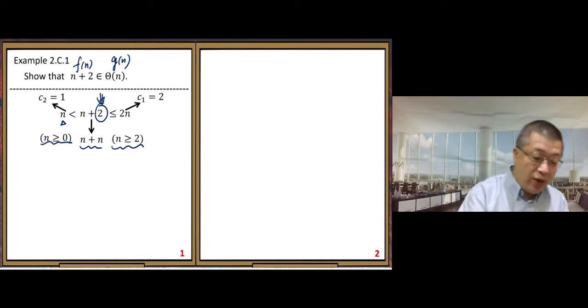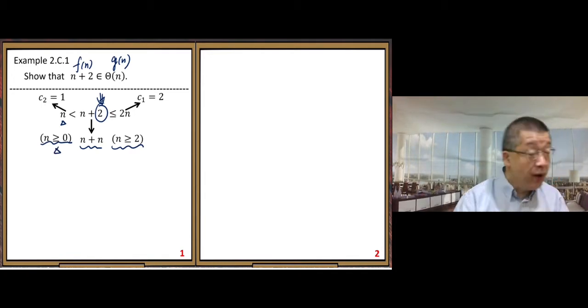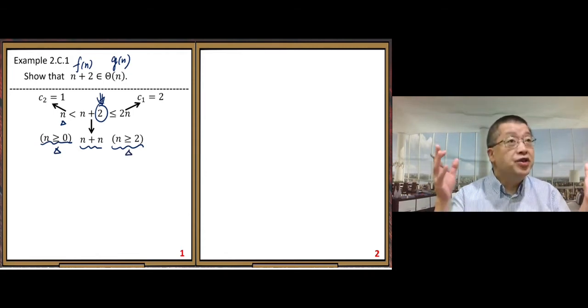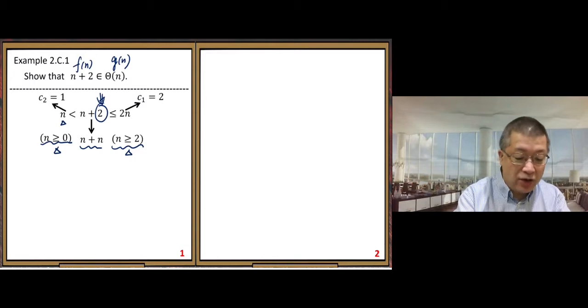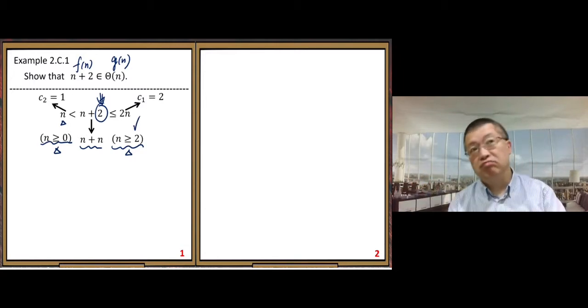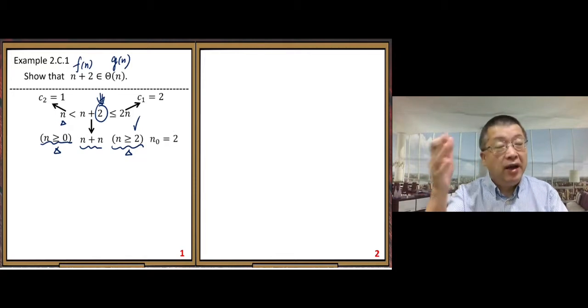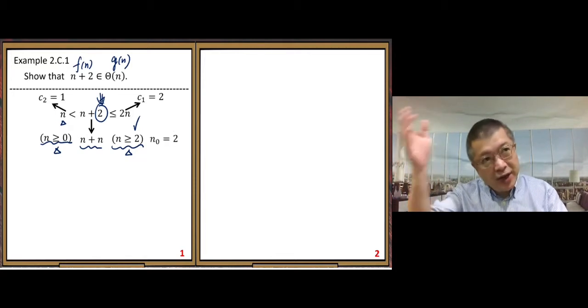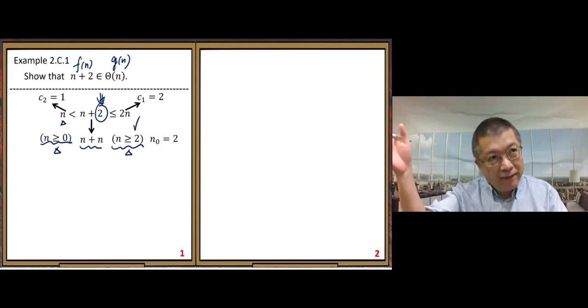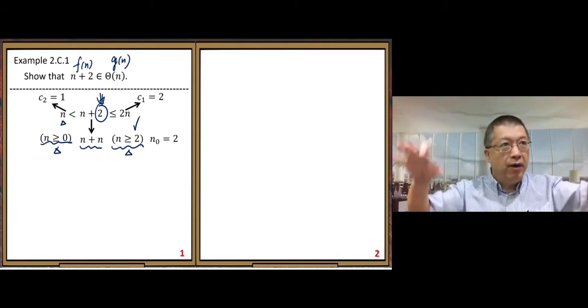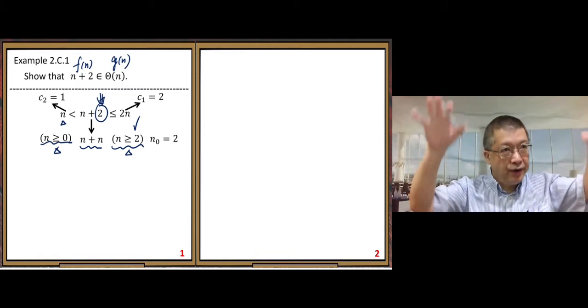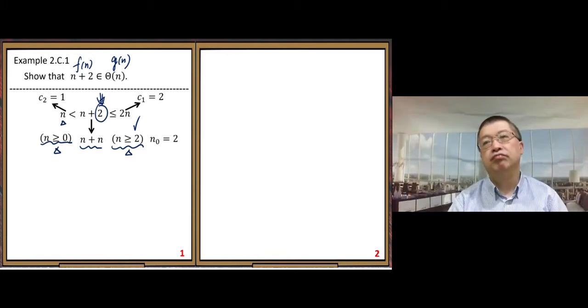Because we need both n greater or equal to 0 and n greater or equal to 2 to be true, we pick the larger number for n0. We make n0 equals 2, then when n is greater or equal to n0, both inequalities are true.